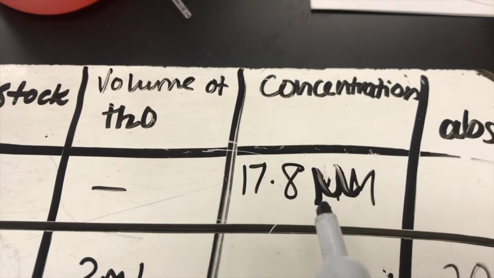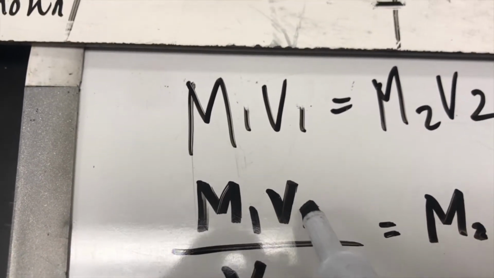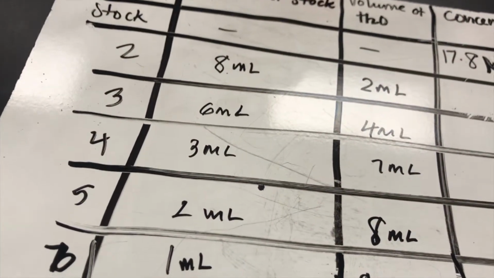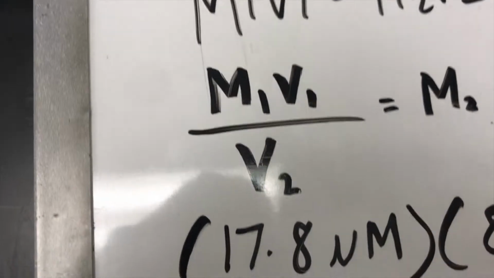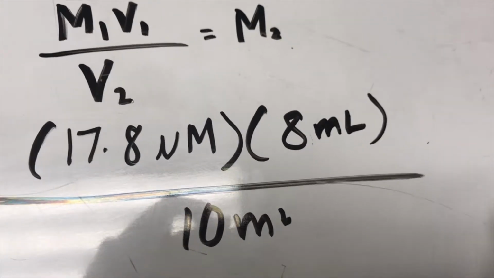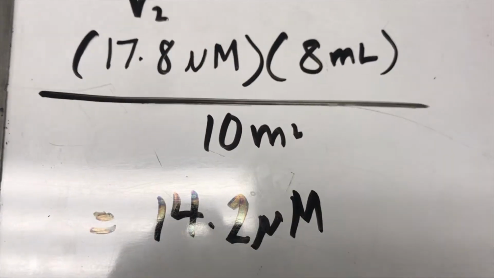And our V1 value is going to be 8 milliliters, since that is how much stock we use. And our V2 is going to be 10 milliliters because that's the total amount of milliliters in each test tube. Doing the calculation, we get a value of 14.2 millimoles.